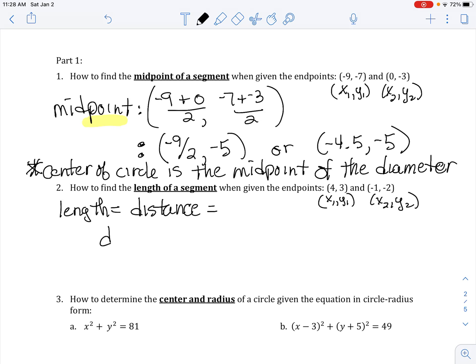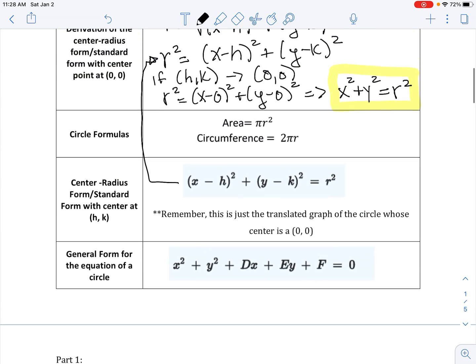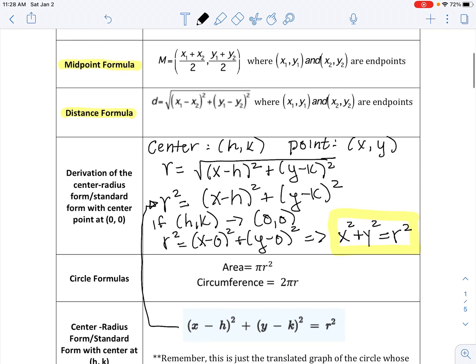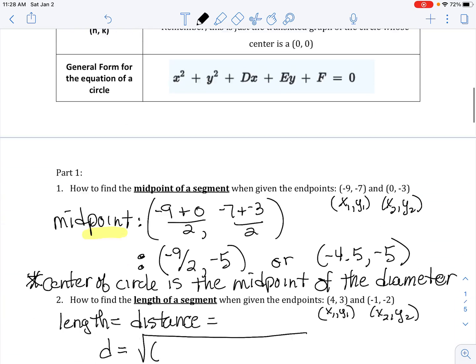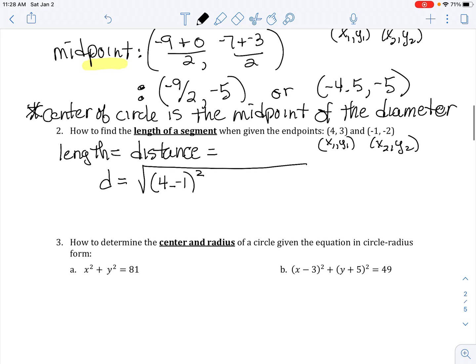Our distance d is going to be the square root of, and if we look back up here, we're going to see it is x1 minus x2. So that's going to be (4 subtract negative 1) squared plus (3 subtract negative 2) squared.